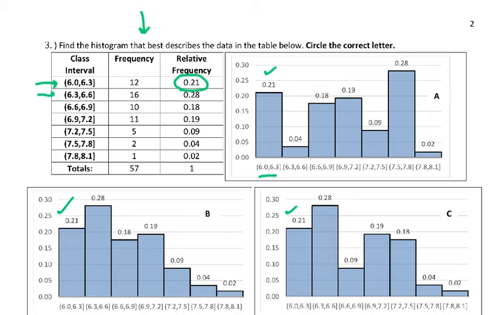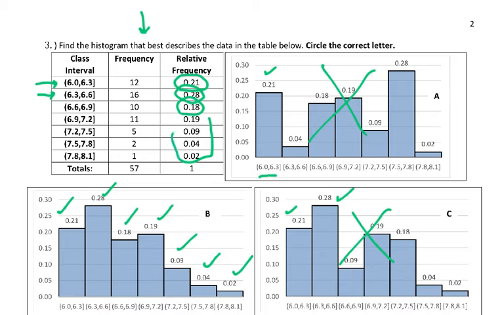The second column should have height 0.28. Well, this one does and this one does, but we can now rule this one out. The third column should have height 0.18, and so now we can rule this out and then just check. Yes, these all match the following. So the answer is B.